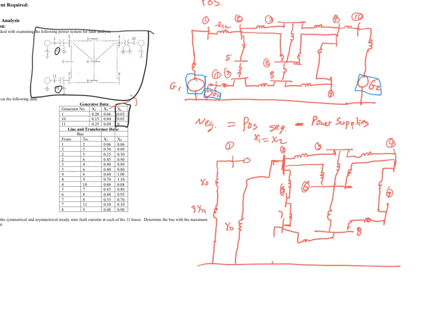So we come here, we run into our ground. This is the X0. We have an open connection. This is bus 11. And then we have a generator. And we have no 3 Xn, but we could put that here. But in this case, you'll notice it is 3 times 0 because the impedance associated with the neutral connection for bus 11 is 0, so that's going to be 3 times 0. So this again is the x0 value.